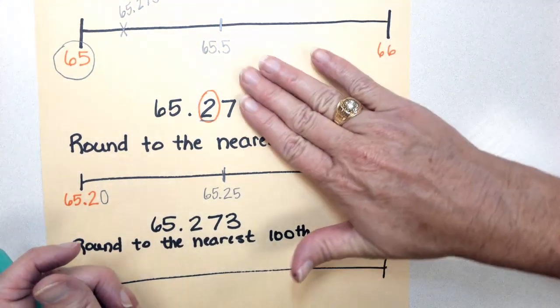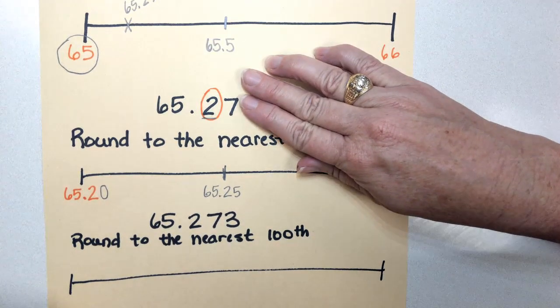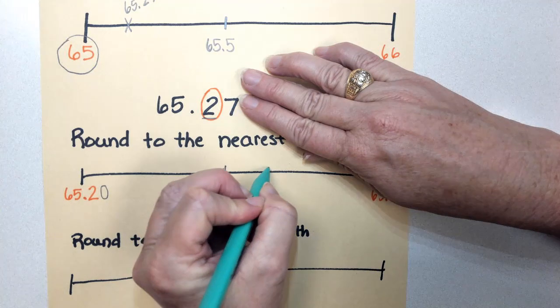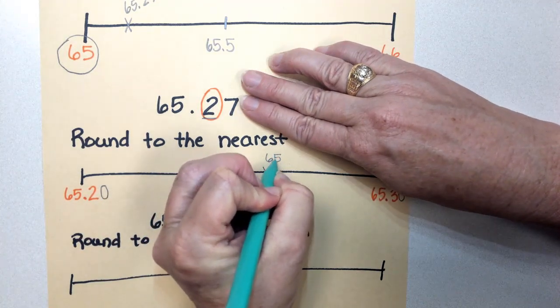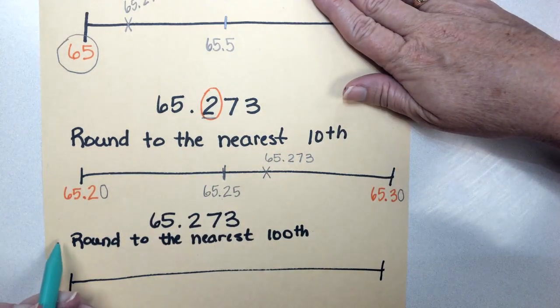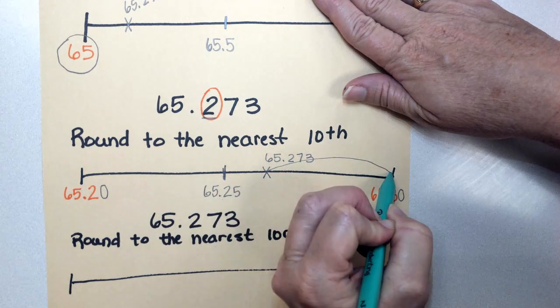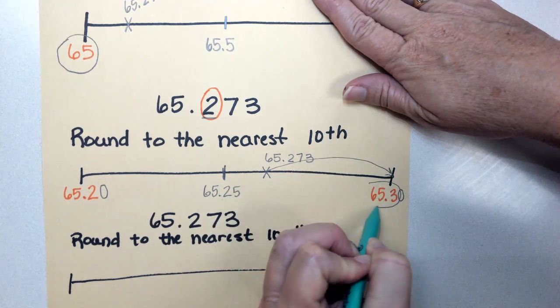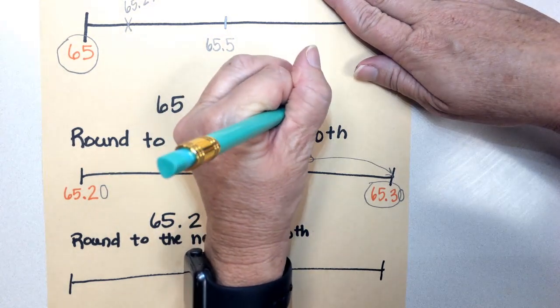Now all I need to do is think about, well, where would 27 hundredths fall? 27 hundredths is going to fall behind that midpoint. So I'm going to quickly jot that here and think about, well, what am I closer to? I'm closer to 65 and 30 hundredths. So this number will round to 65 and 3/10.